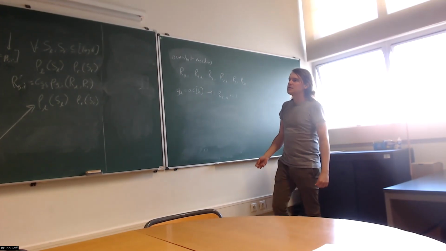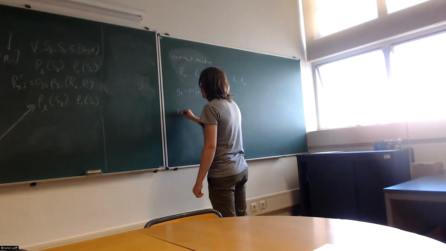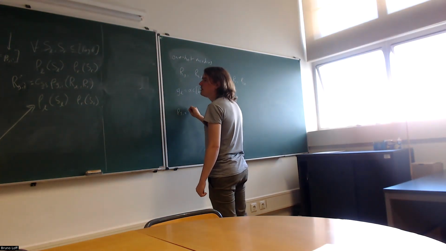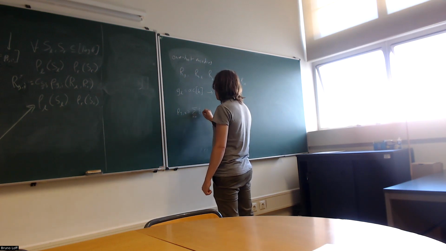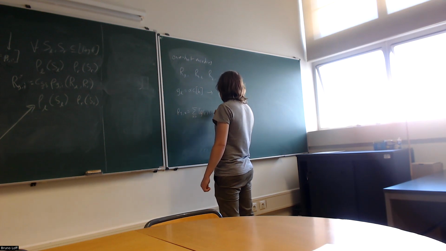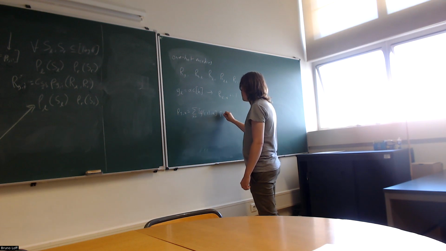And why would I do this? Well, the polynomial becomes very simple. PG alpha is just equal to the sum over all y and z, because alpha is actually the value I want, of g of y z equals alpha times, well, I guess it's PL y times PR z.